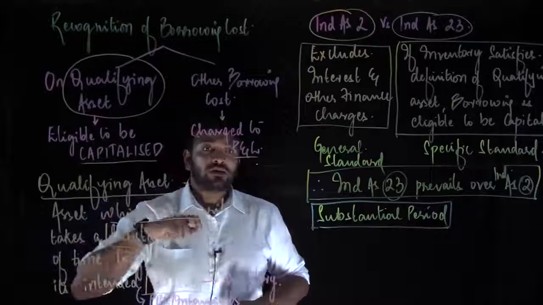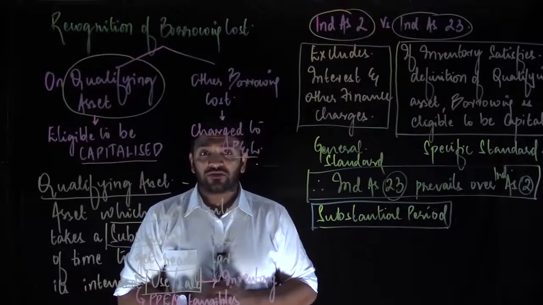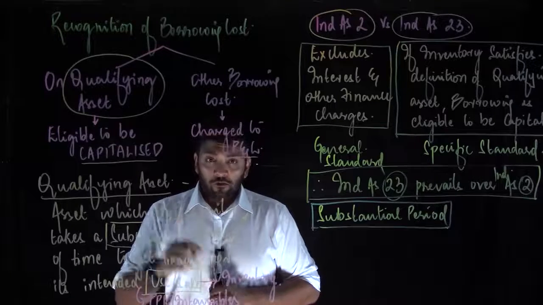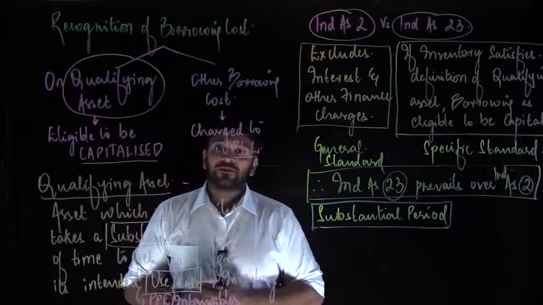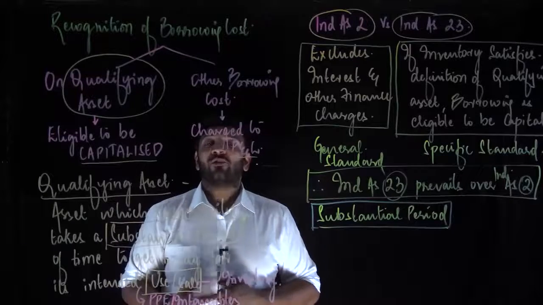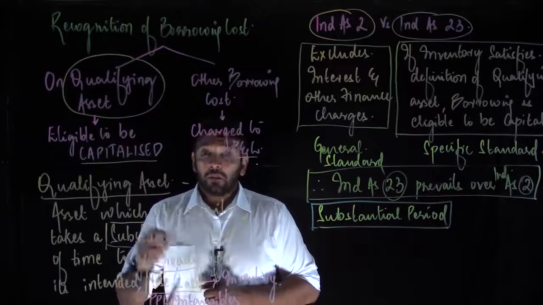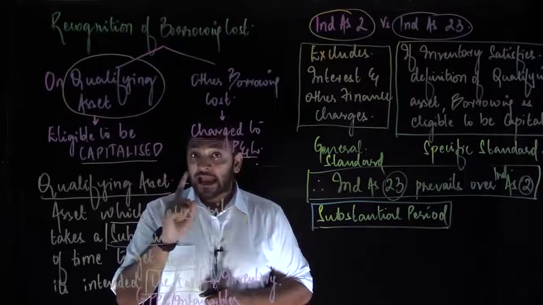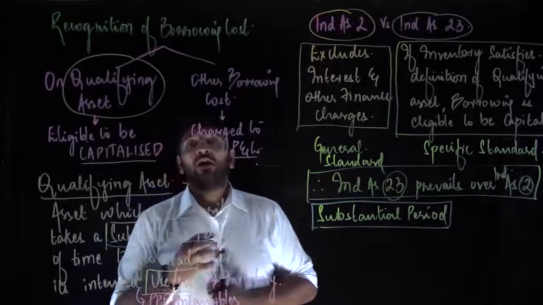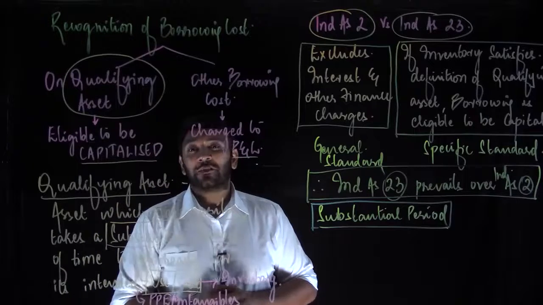For example, a very relatable example: for a student who is pursuing the course of chartered accountancy, 6 months is a substantial period. For me, the life changes every 6 months. The people around me change every 6 months. The circumstances around me change every 6 months. But for an engineering student of the same age, we normally say that 4 years is a substantial period.